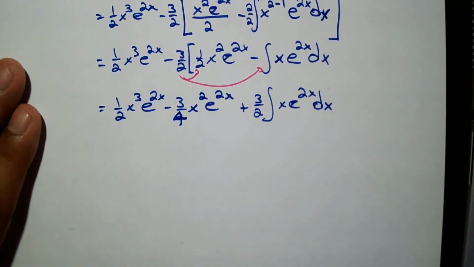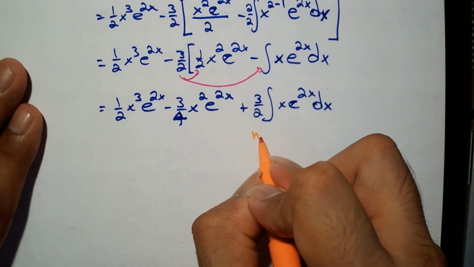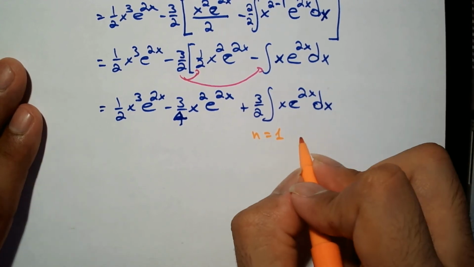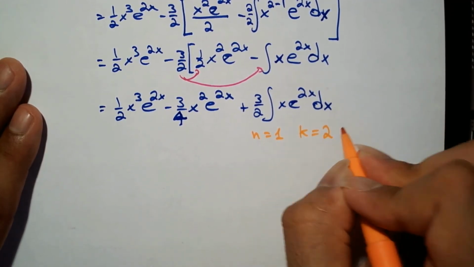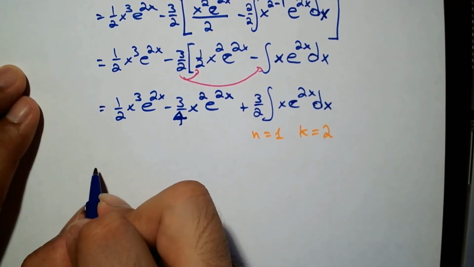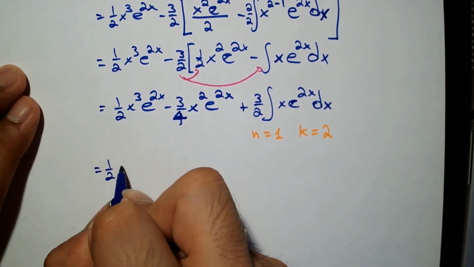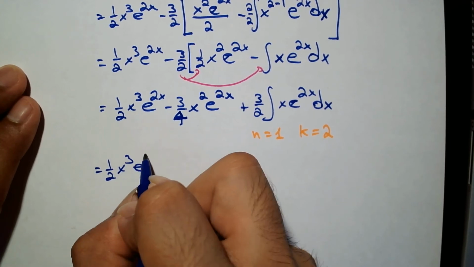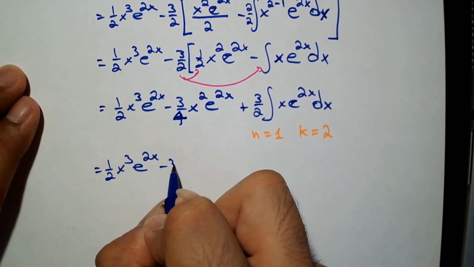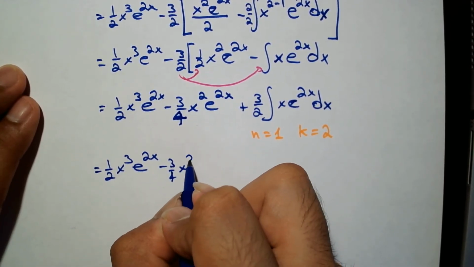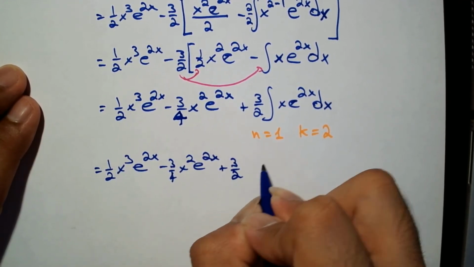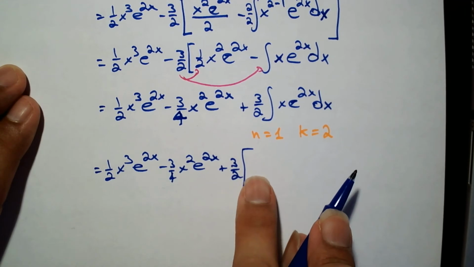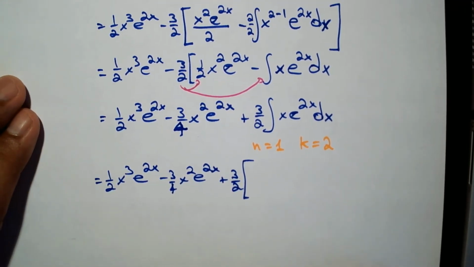Okay, so in this case we have n equals 1 and k still equal to 2. So I'm going to write 1/2 x cubed e to the 2x minus 3/4 x squared e to the 2x plus 3/2, whatever we get from using this formula again.